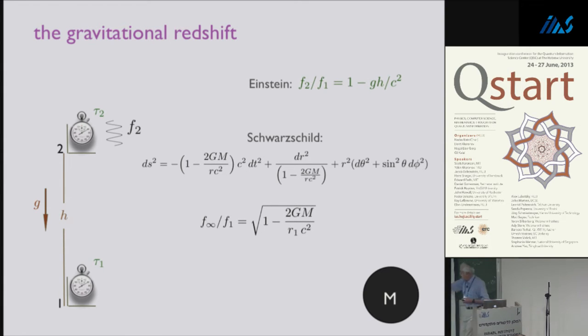If you start the wave with frequency f1 at a close point here, or at some point here, when it gets to infinity, it will have this frequency according to this formula, which comes, as I say, from here. You should remember that.